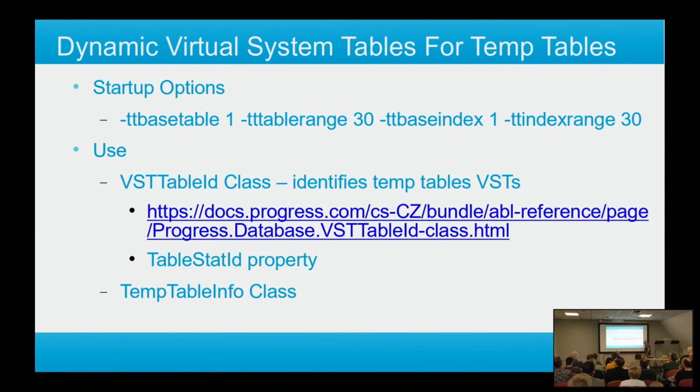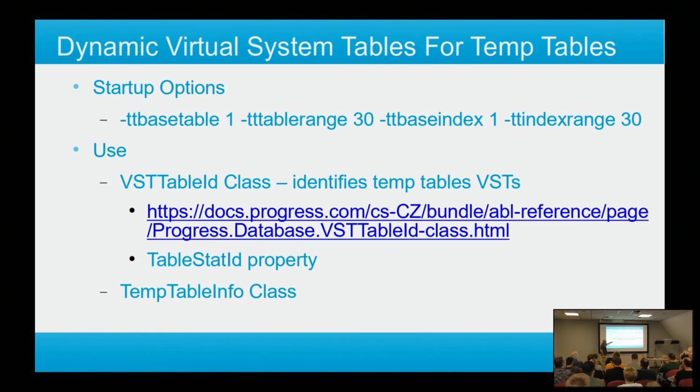What's interesting and what we will use in our examples, I will show you examples on the tablestat ID, the tablestat temporary table only, yes? Because for the index statistic, it is the same. There is no specific change.